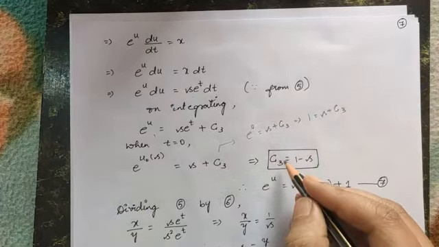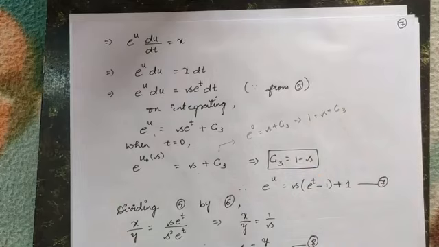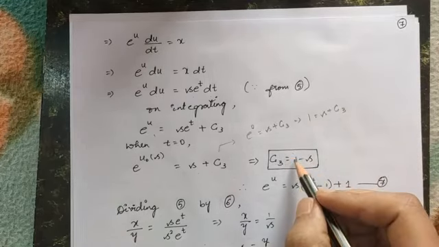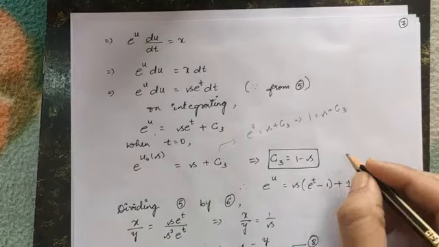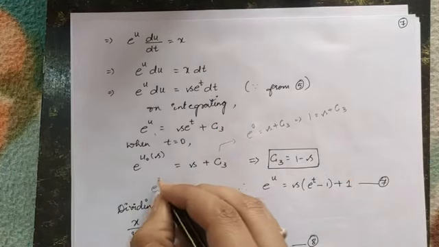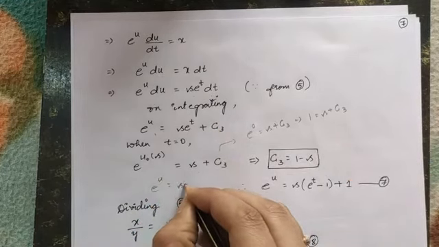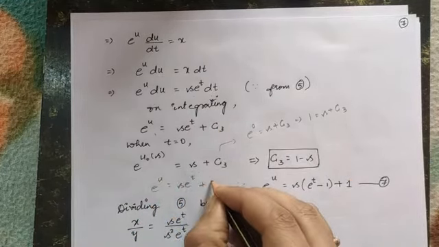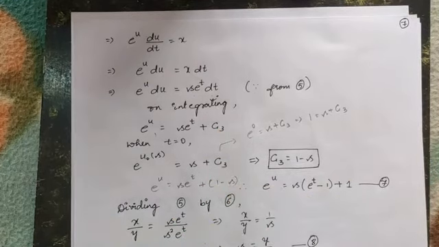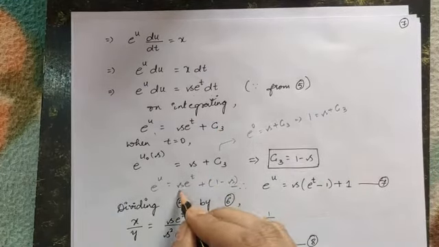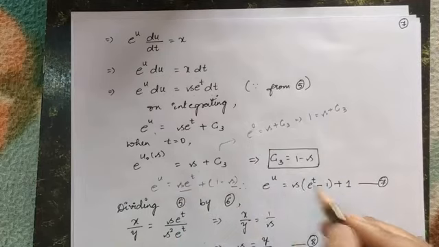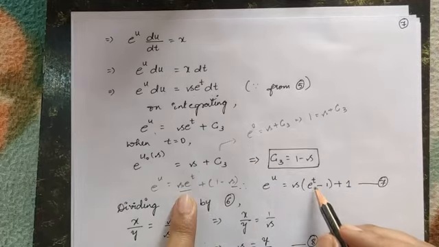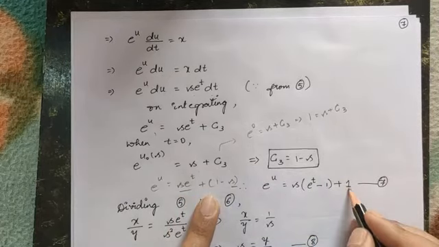We can write c3 as 1 minus s. Now substitute this value again and you will get e power u is equal to s e power t plus 1 minus s. From these two terms I have taken s as common, so you get s times e power t minus 1, plus 1 remains as it is.